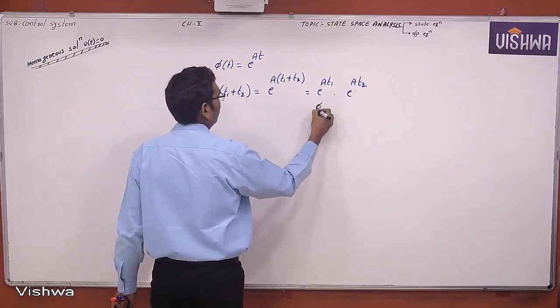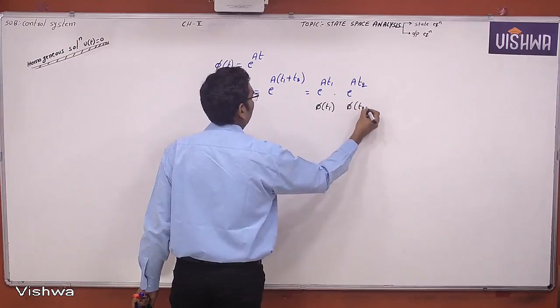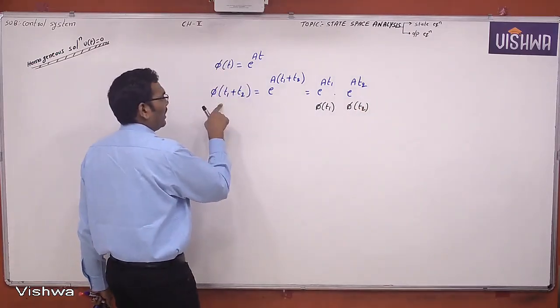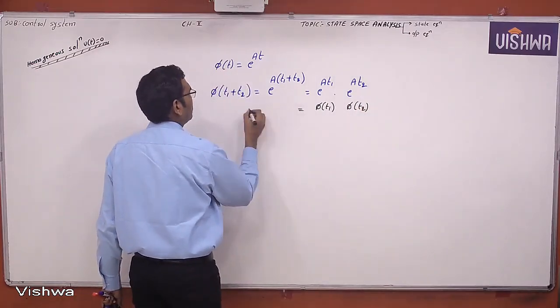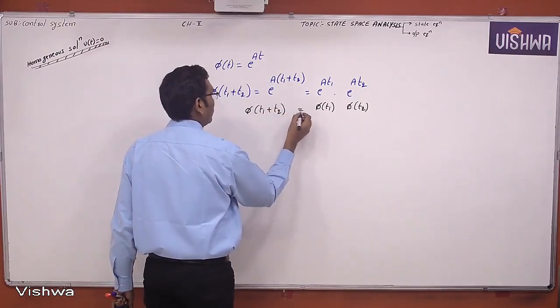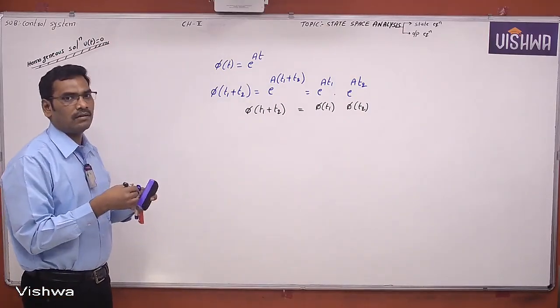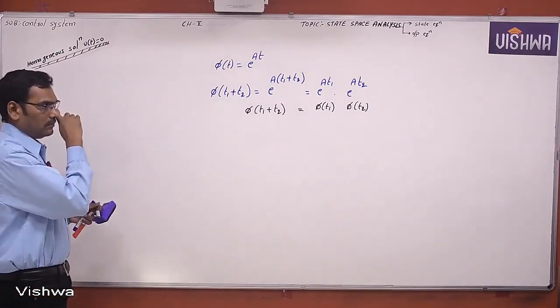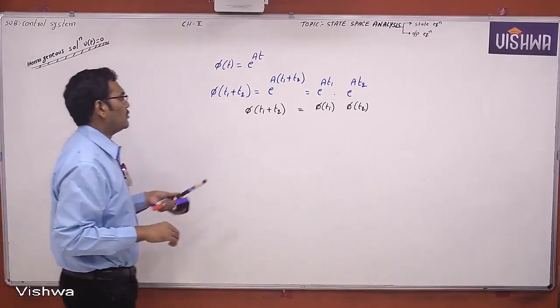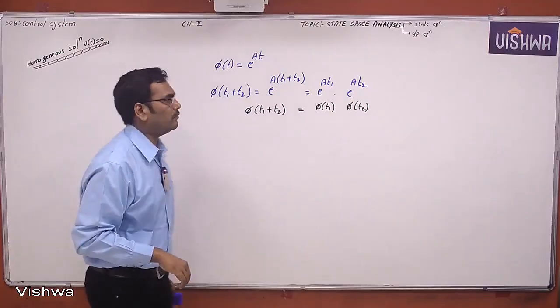This is pi of t1 and this is pi of t2. That's one of the properties: pi of t1 plus t2 is equal to pi of t1 into pi of t2. Is it right or not?